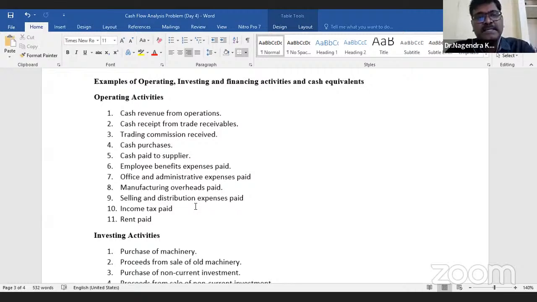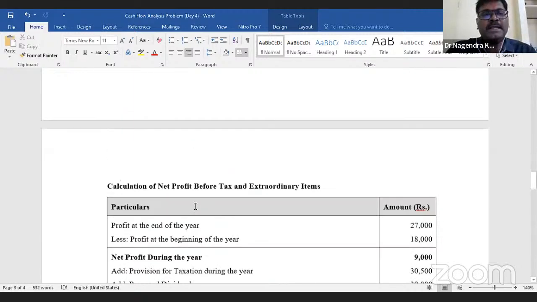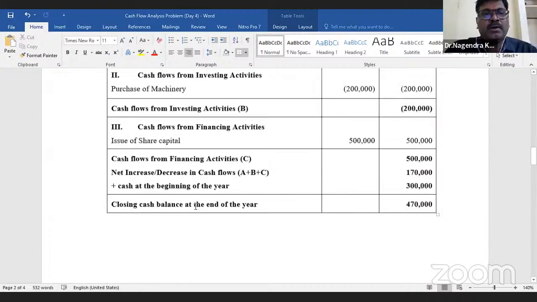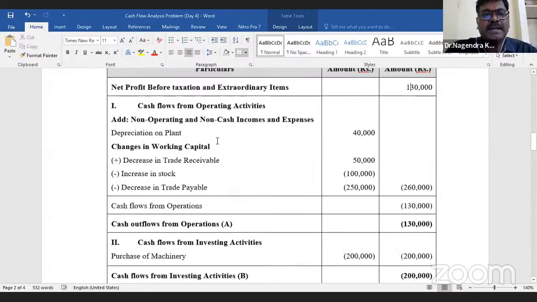Other than this, if there are any revenues or expenditures incurred, we have to add them back or subtract them. If we are deducting any non-cash expenditure, we have to add it back.